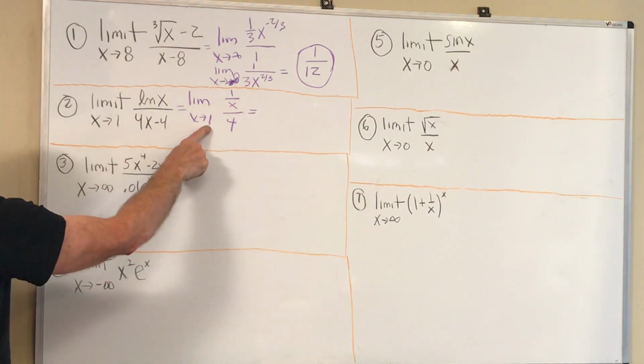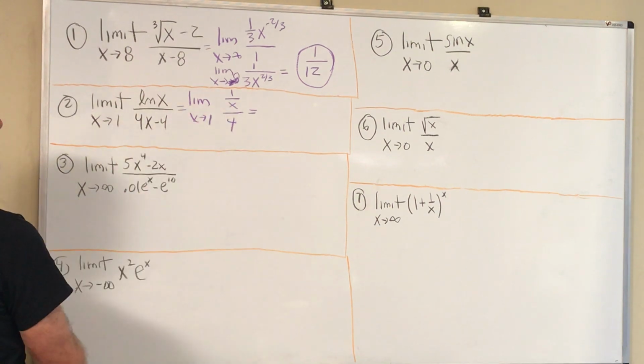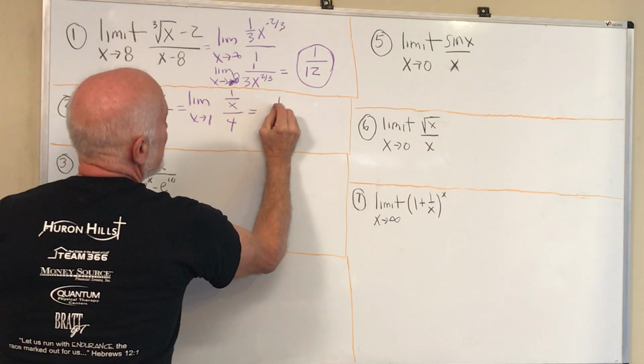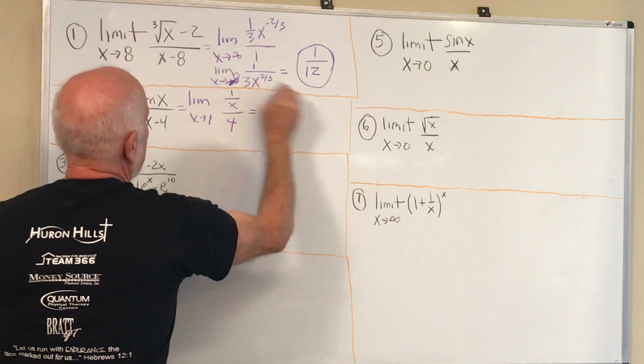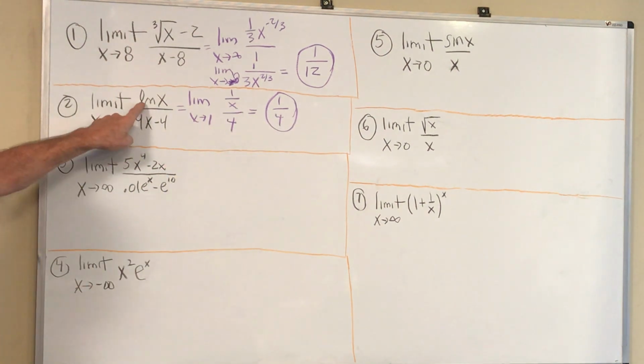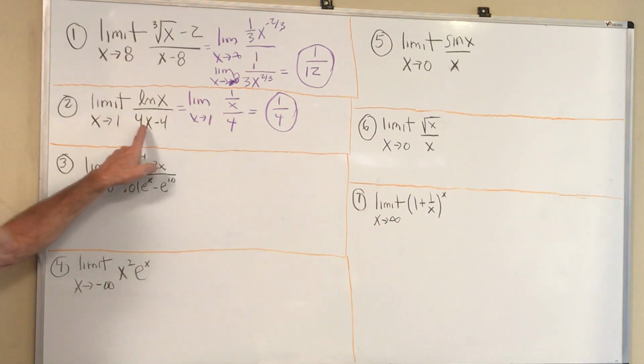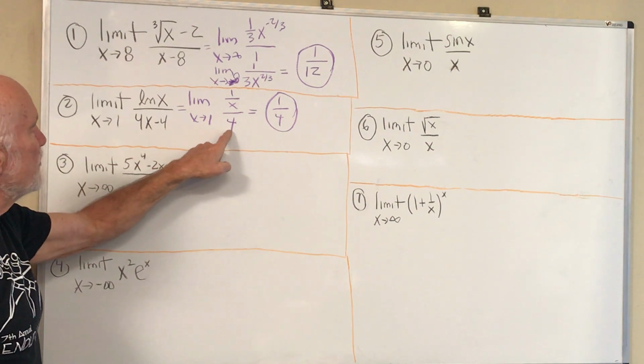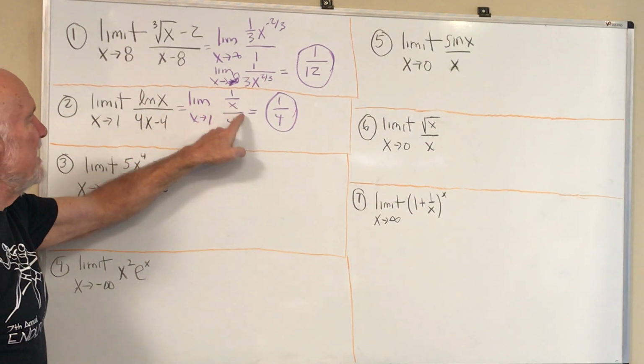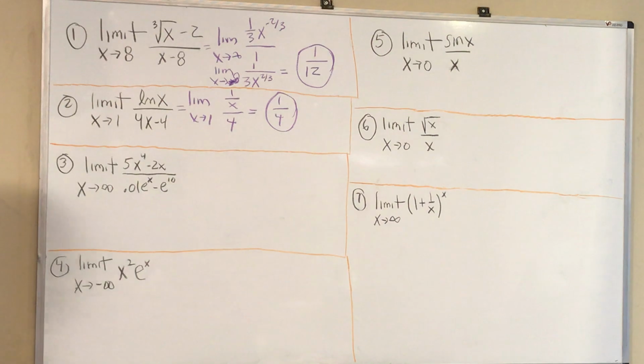And when I plug in 1, I get 1/4. So the derivative of the natural log of x was 1 over x. The derivative of 4x minus 4 was 4. Now when I plug it in, I get an answer. Let's try one that looks a little bit harder.